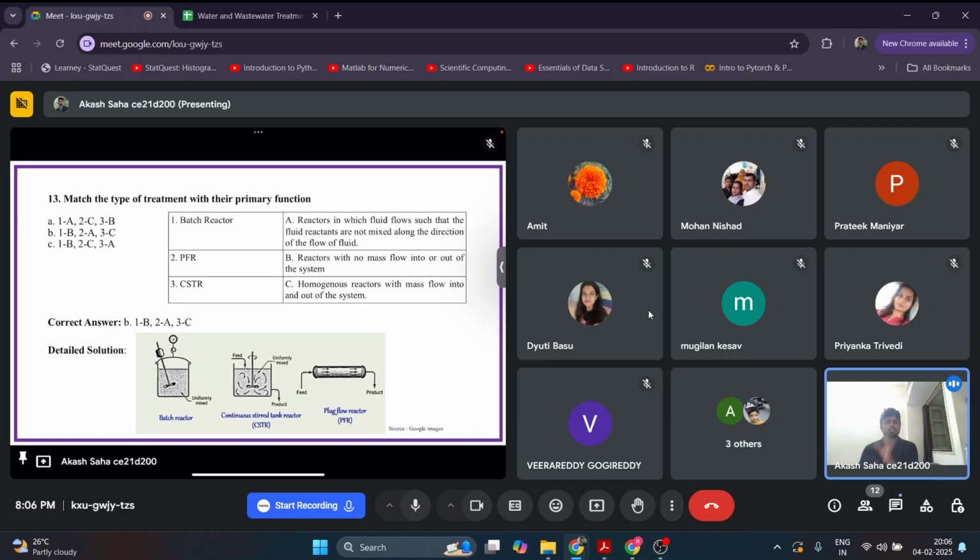It follows a plug-like mechanism, like n number of CSTRs. And a CSTR is a homogeneous reactor where there is both inflow and outflow. Pictorially I have also represented all three reactors. Okay, next one.